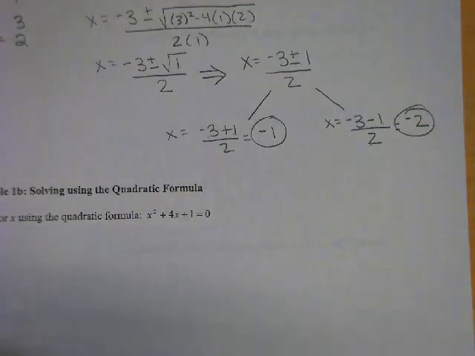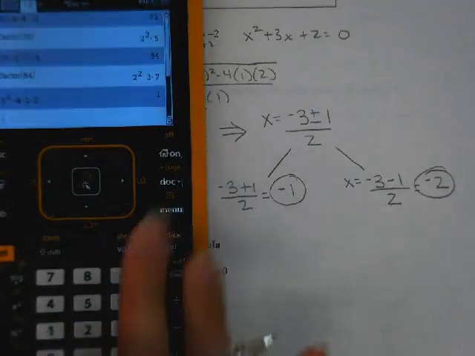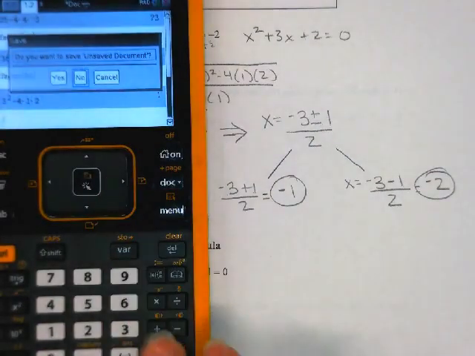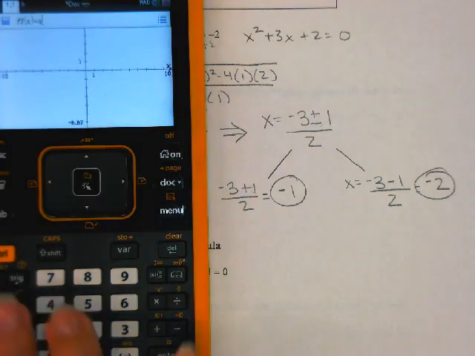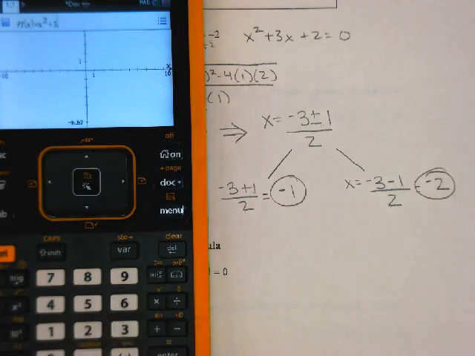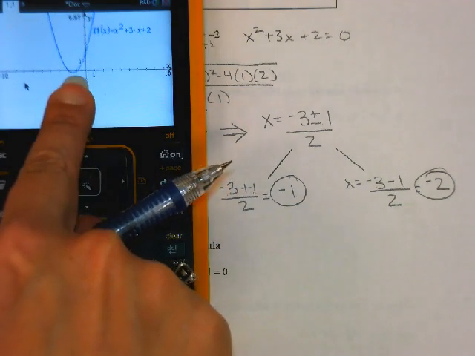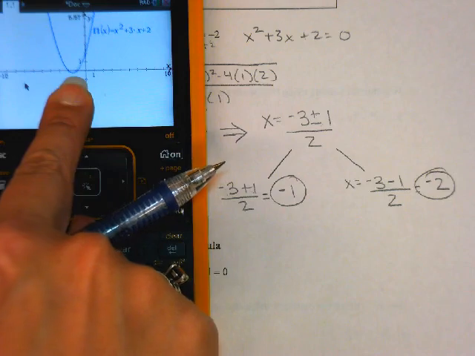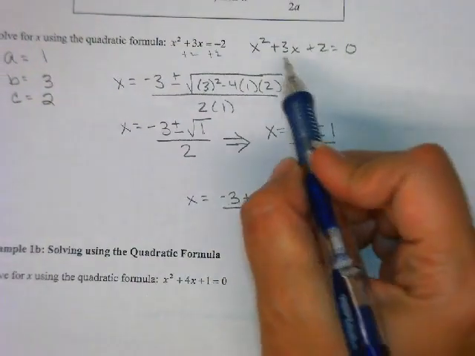Do you see that? So if I go back, keep in mind what this means. If I go back to my calculator and I graph this standard form equation, right here are my roots, negative 2 and negative 1. Now, here's the thing about when it comes out really nice like that.